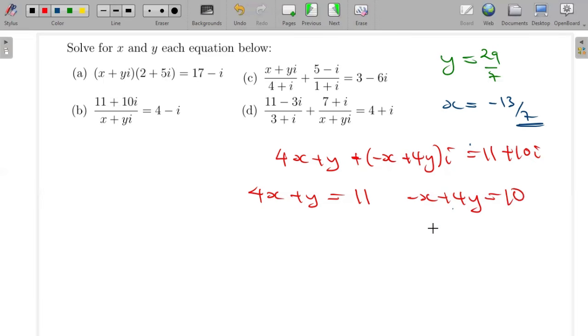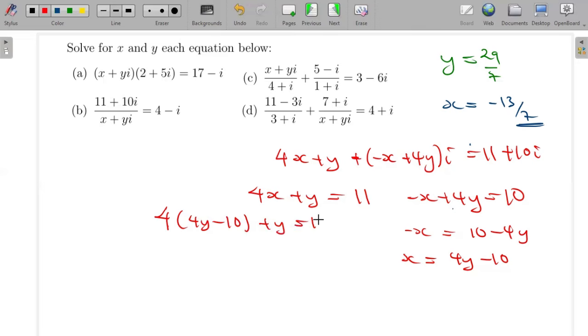So using this one here, negative x is equal to 10 minus 4y, then I divide by negative, and that's going to be 4y minus 10. Okay, so I get this value of x, I replace in the other one: where there's x, I put 4y minus 10, then plus y, is equal to 11.